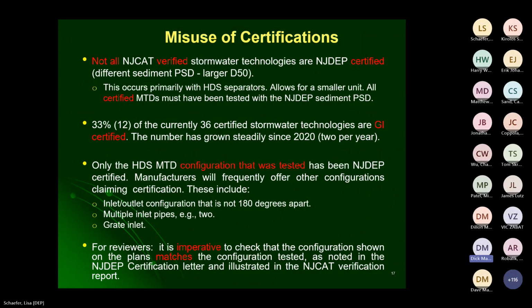Of the currently certified technologies, I said 33%. That's when it was 12. We just added a 13th, so it's still probably around 33%. But these are GI, and as I said, they're growing steadily per year. Again, only the HDS MTD configuration that was tested has been certified.